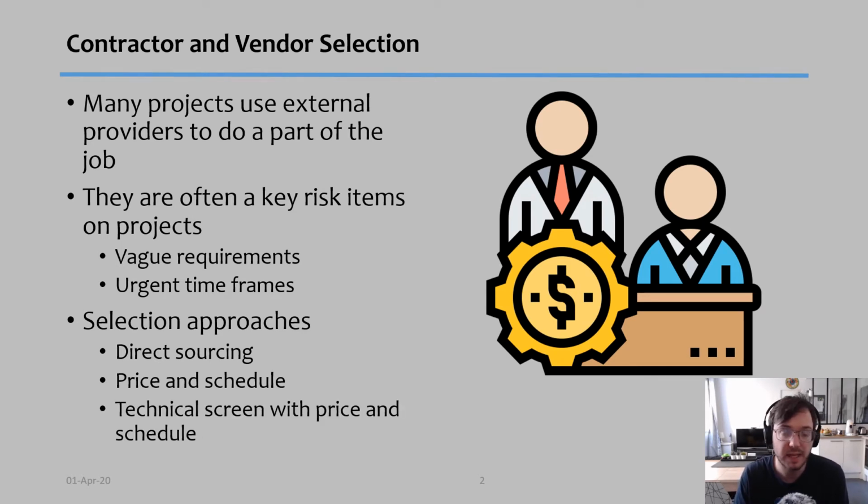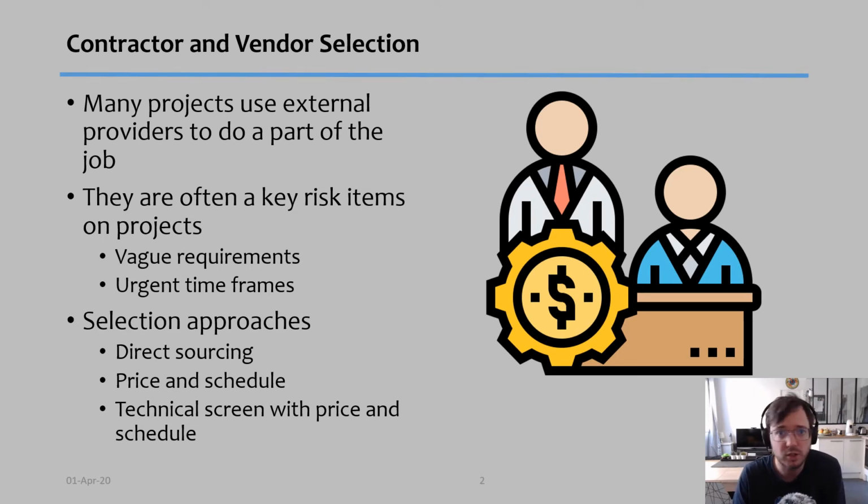You can also have technical screens with price and schedule, where you select them based on their expertise and the technical standards they can prove they are able to provide.